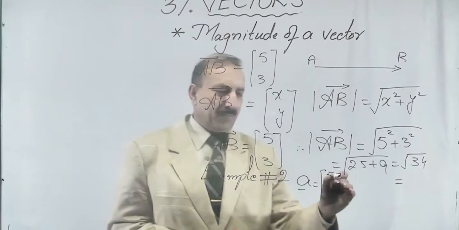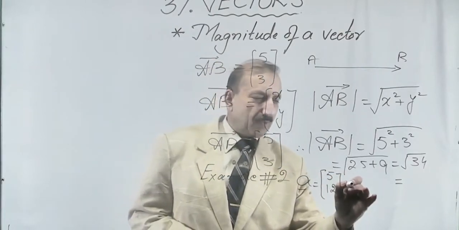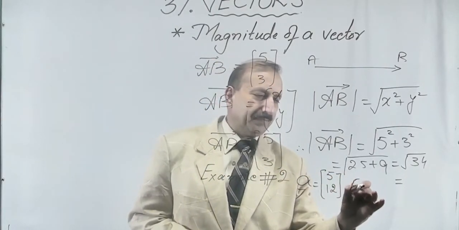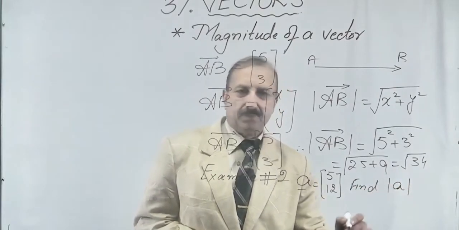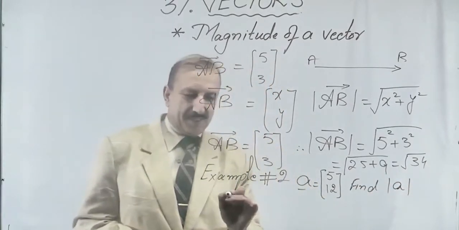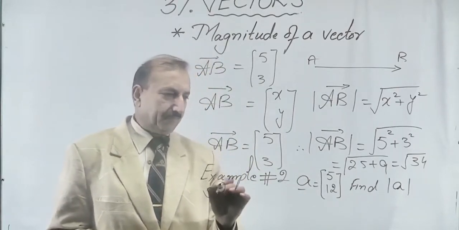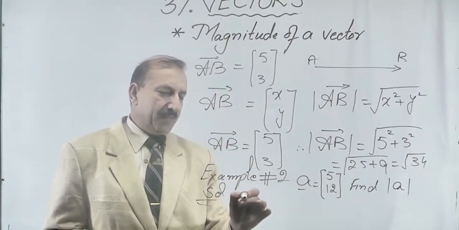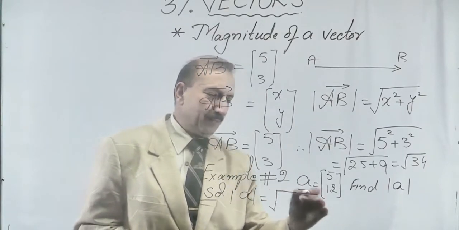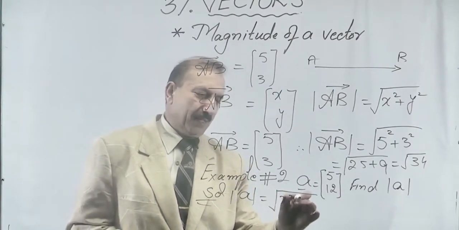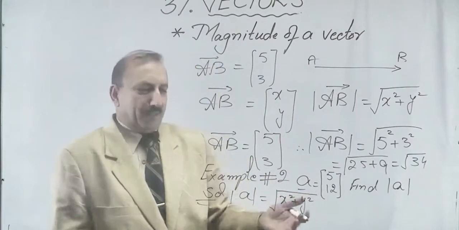The question is, find the magnitude of A. Solution: the magnitude of A will be equal to the square root of x square plus y square. This is the formula that we have learned.